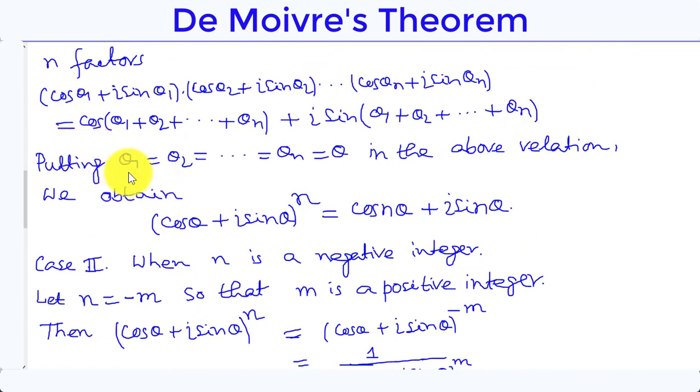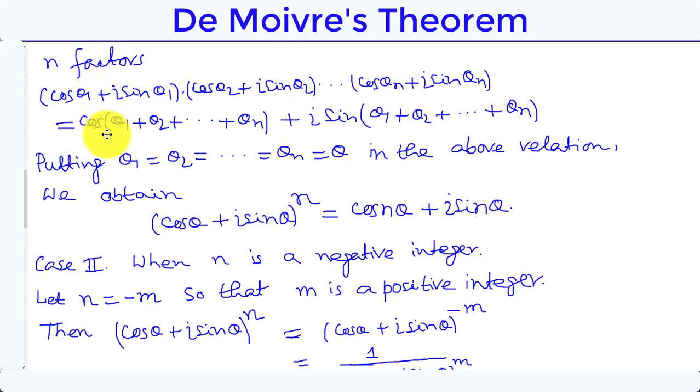Now putting theta 1 is equal to theta 2 up to theta n is equal to theta in the above expression, then we have (cos theta plus i sin theta) into (cos theta plus i sin theta) up to n factors.